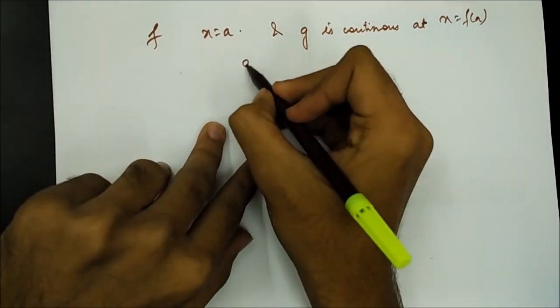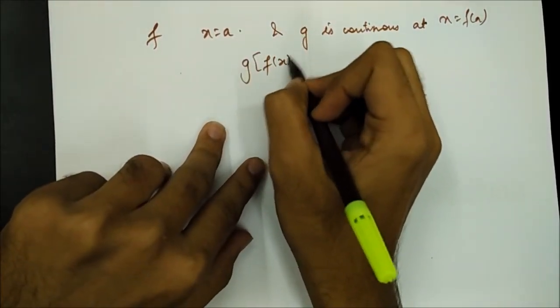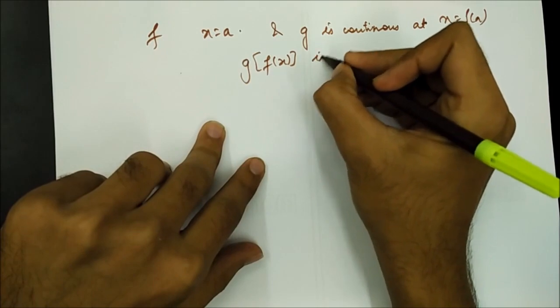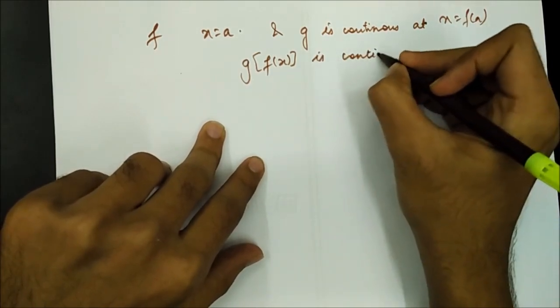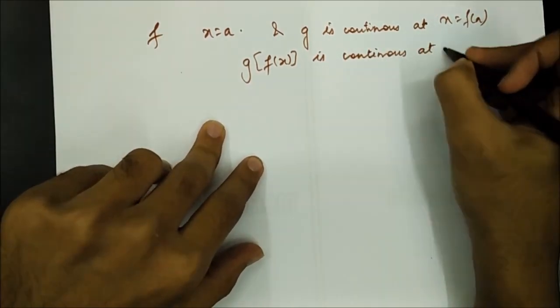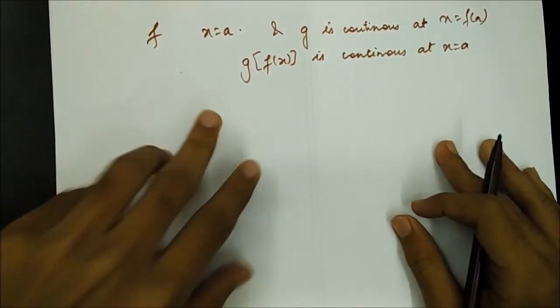Then the composite, what is the composite? G of f of x is continuous at x is equal to a.